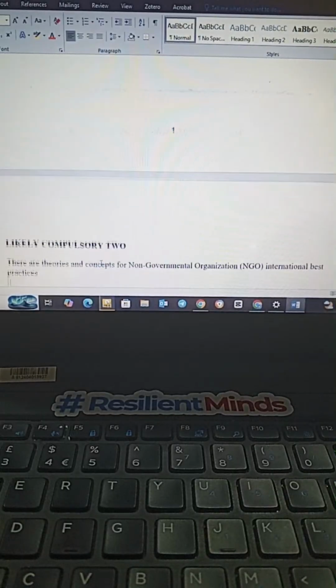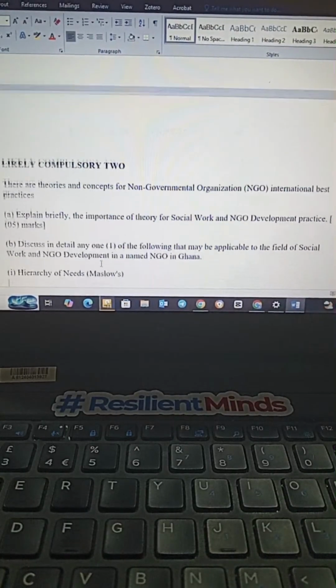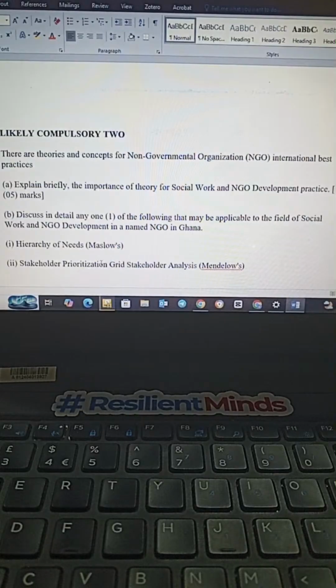Now let's go to the second one I also added. There are theories and concepts for non-governmental organizations, international best practices. It says compulsory question number 2A: explain briefly the importance of theory for social work and NGO practice.